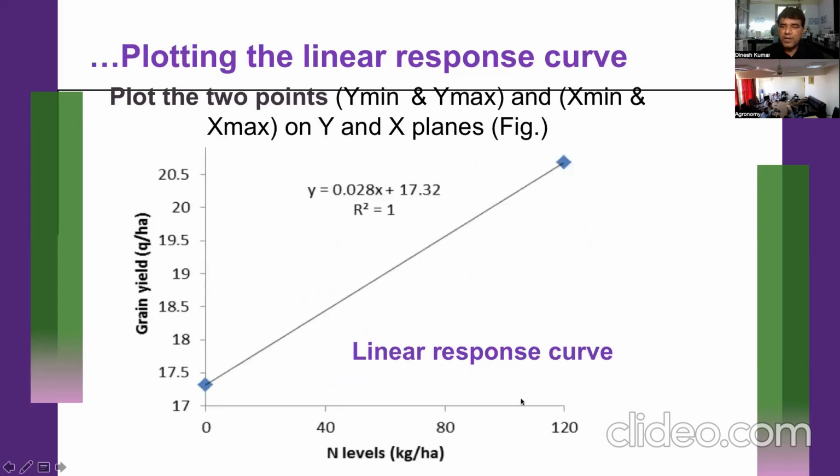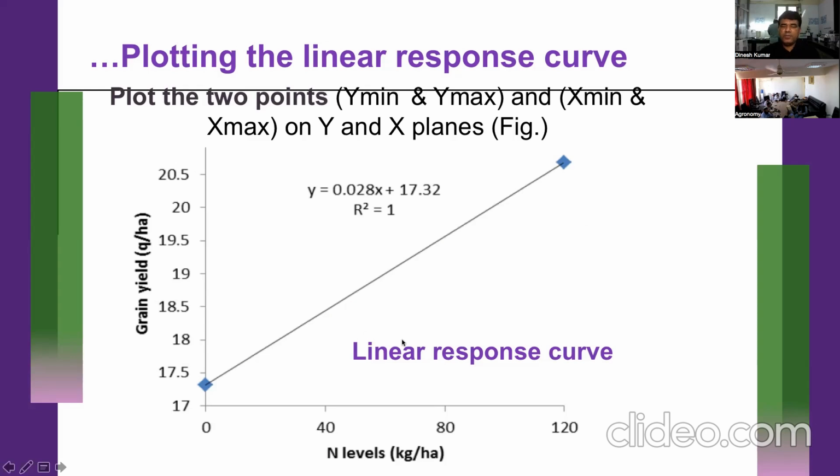Now you can just put these points. This is the y min point, and this is y max. So just put the dots and join the line. Join the line, it will be a linear response curve, or a straight line. So you can clearly see the purpose is served.